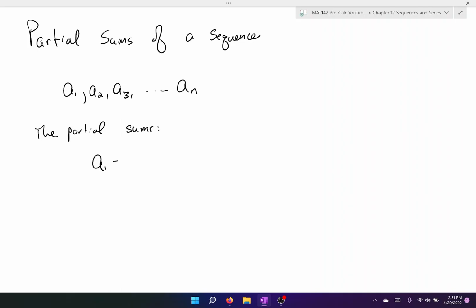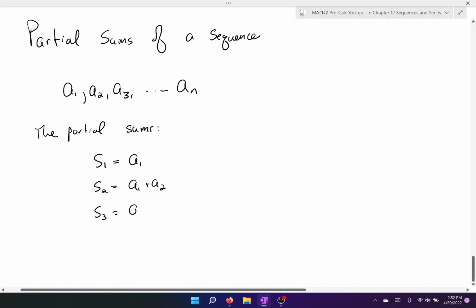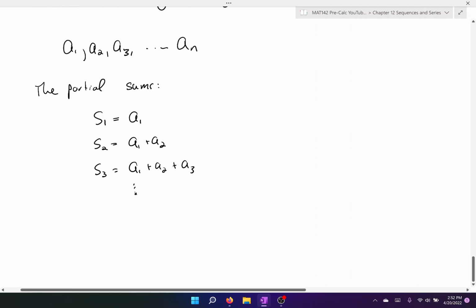are going to be A1 equals, obviously, A1. Sorry, let me write it like sums here. S1, the first sum, equals A1. S2 is going to be A1 plus A2. S3 is going to be A1 plus A2 plus A3. And you get all the way down to the nth partial sum, which is going to be equal to A1 plus A2 plus A3.